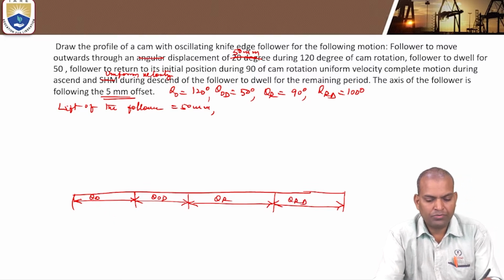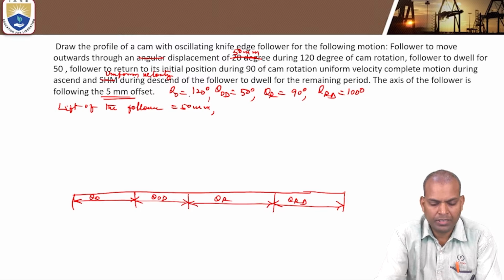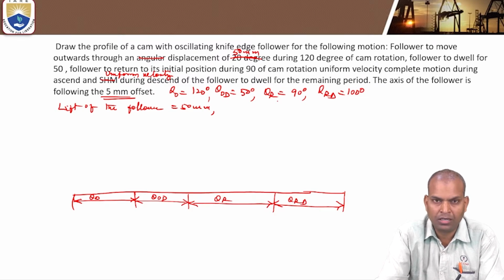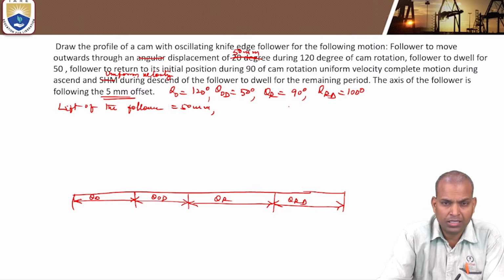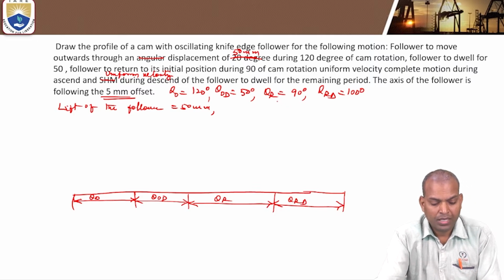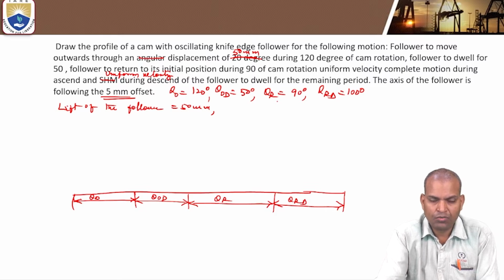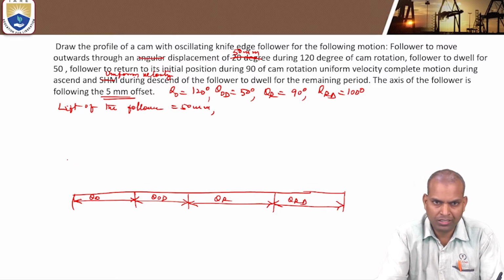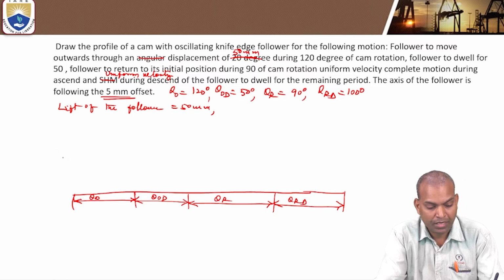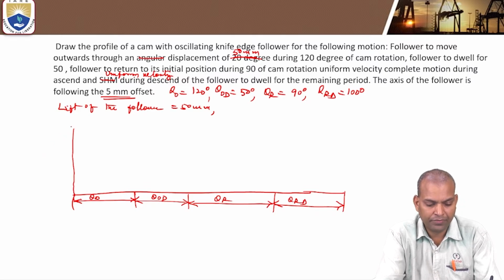With 10 degrees equal to 1 centimeter, theta O becomes 12 centimeters, theta OD 5 centimeters, theta R 9 centimeters, theta RD 10 centimeters. Take the scale and geometry instruments and draw a straight horizontal line. The y-axis indicates the lift of the follower.